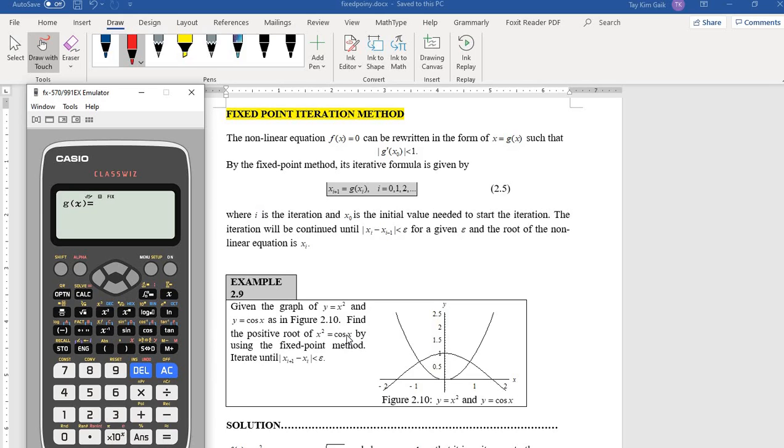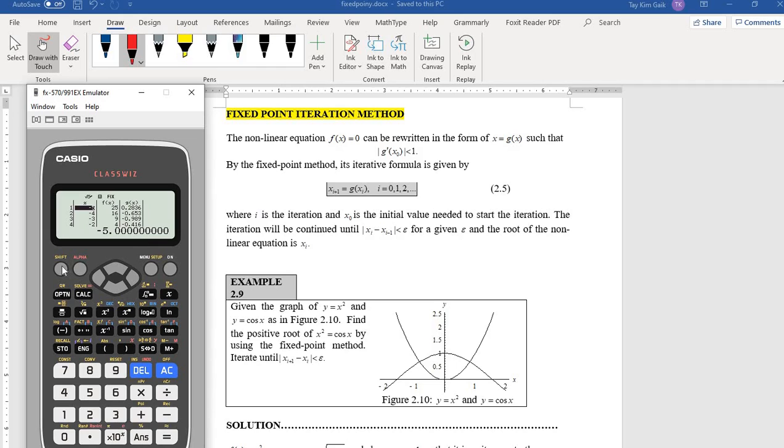The second function is cos x. Let's say I put the range from -5 to 5, with step size 1. So it tabulates the f(x) and g(x) values.